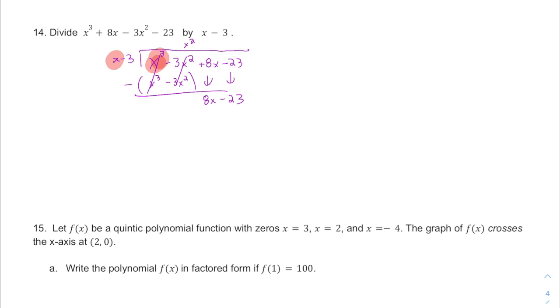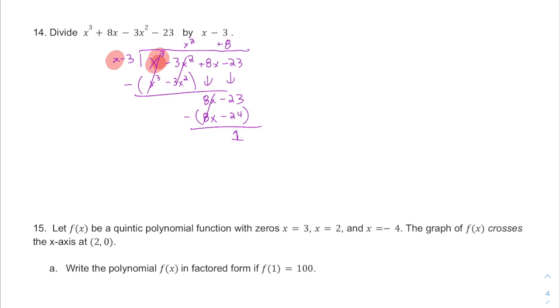Okay. X goes into 8x 8 times, so we put plus 8, multiply it back, and we end up with 8x minus 24, and we are subtracting, which leaves us with a remainder of positive 1.